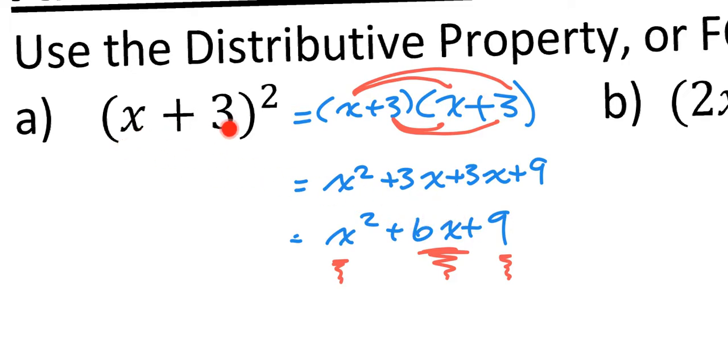So x times positive 3 is positive 3x, and then we double that to get 6x. That's the basic rule. I usually come up with a song for this: square the first, square the last, multiply and double. And that's it.